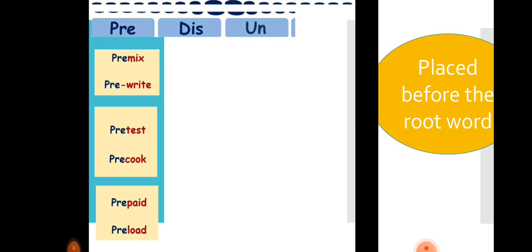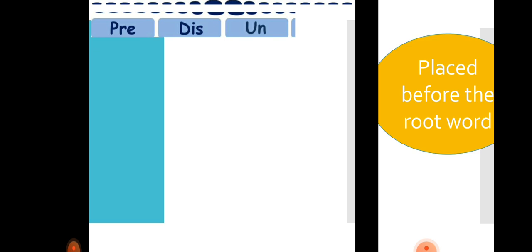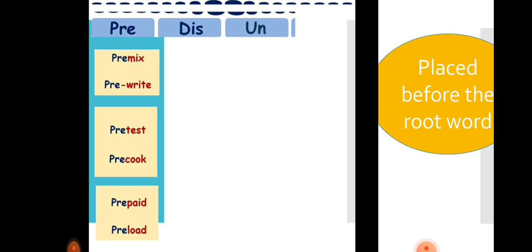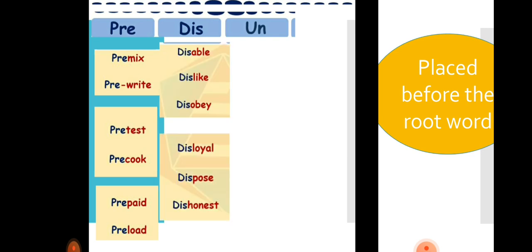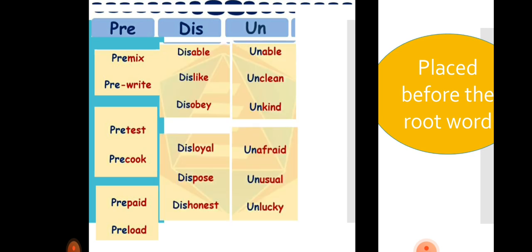Okay, so just to show the difference between the prefix and suffix, we have given two colors here. For example, the blue colored word, you call that the prefix, and the red colored word, you say that is the root word or the base word. Okay, we'll move on to the next slide now.